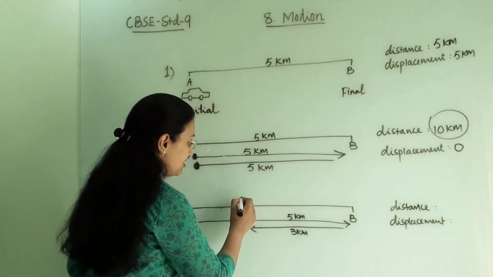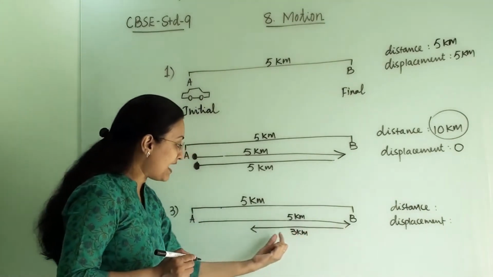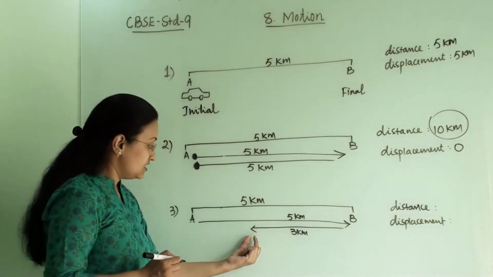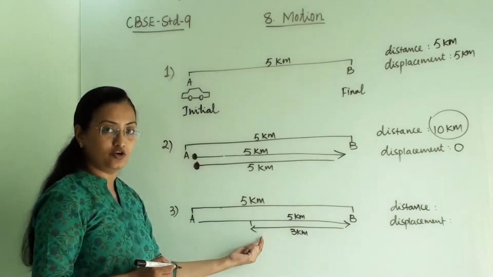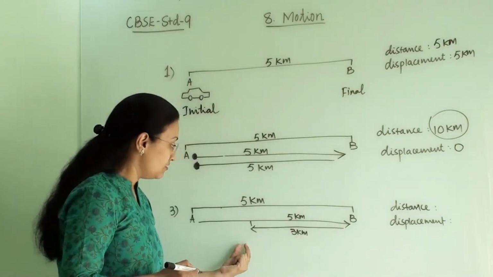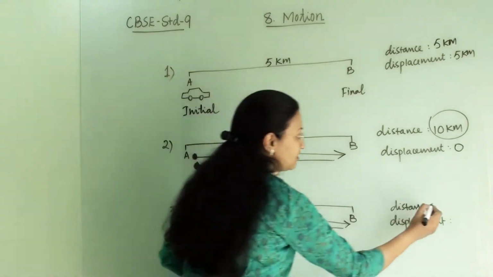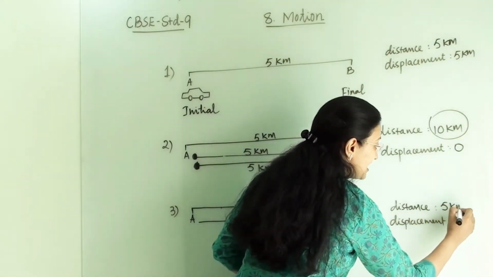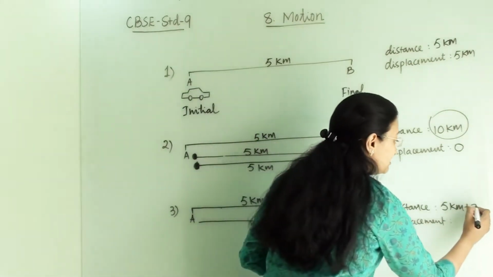It has covered 5 kilometers in the first journey, then it came back till a point of 2 kilometers. So actually it has travelled back 3 kilometers. Now how much distance has been covered by the car? While going 5 kilometers, and it came back 3 kilometers.